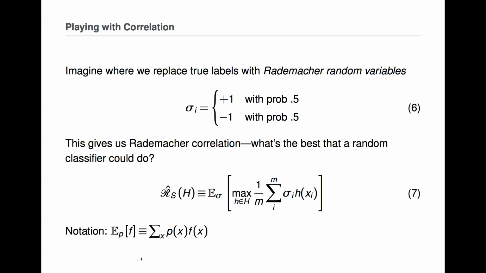Notice that we're still using expectation here. This is an expectation over the random variable sigma, which is basically this coin flip, where the sigma here can be plus or minus 1. Given whatever coin flips you get, you're looking for the hypothesis that does the best at matching those random coin flips.